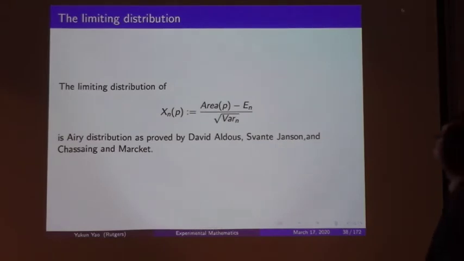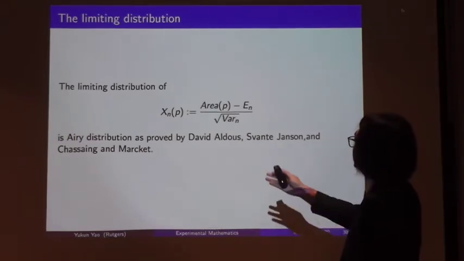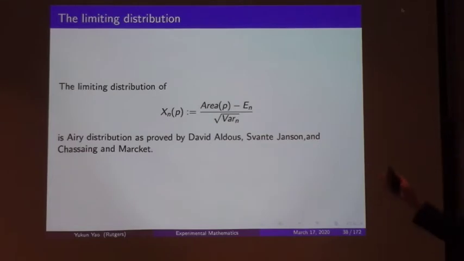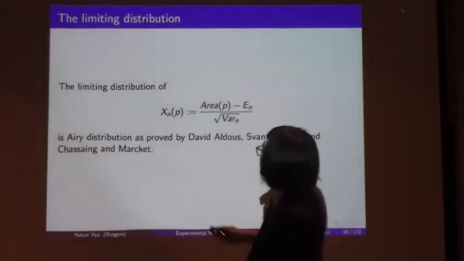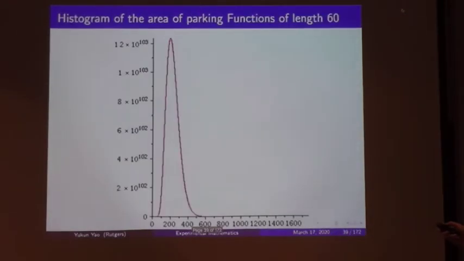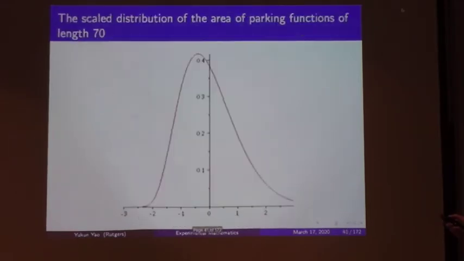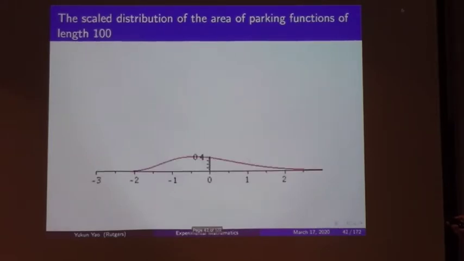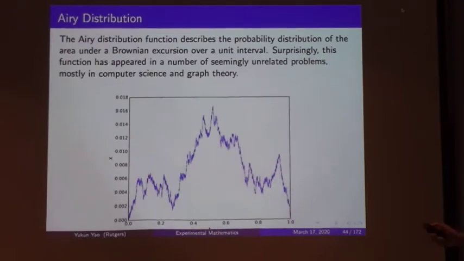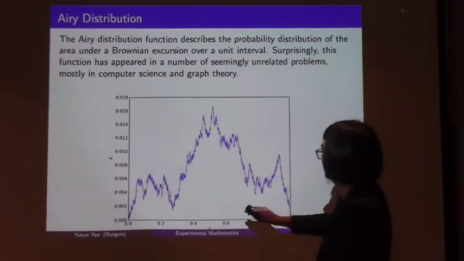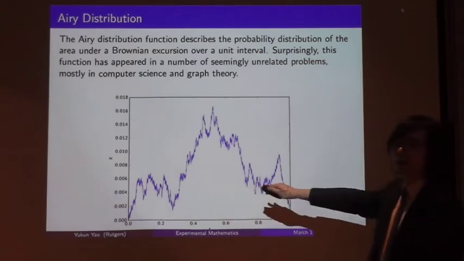And the limiting distribution of the area is the Airy distribution, and it's already proved. The reason why it's called the area statistic is because, let me show a histogram first, the scaled distribution of the area is connected with the area under the Brownian excursion.